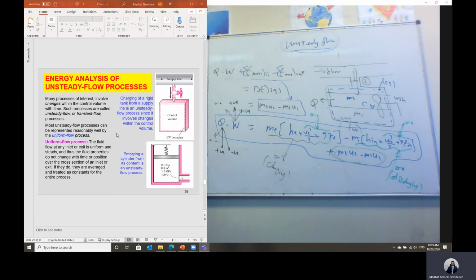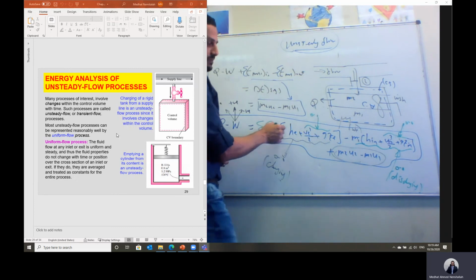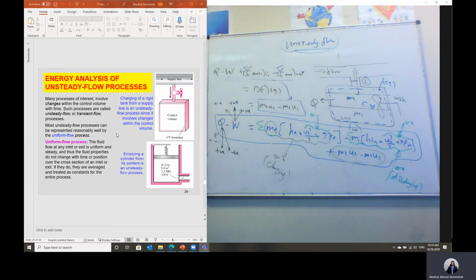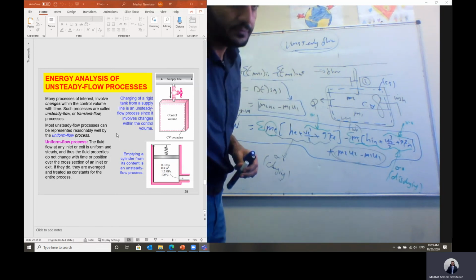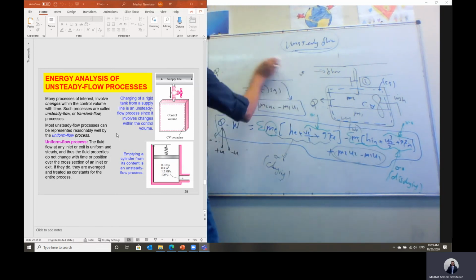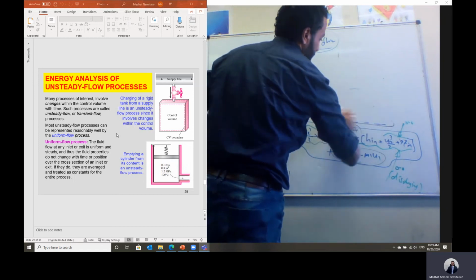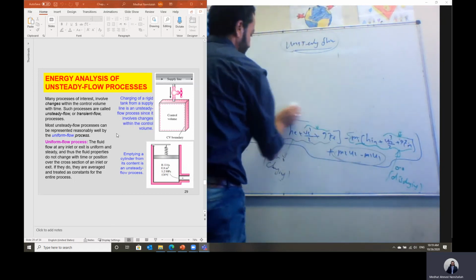And we can add the summation sign if we have more than one outlet of the system, and we can add the summation sign here if we have more than one inlet. Okay, let's solve an example and see how we can apply those equations.